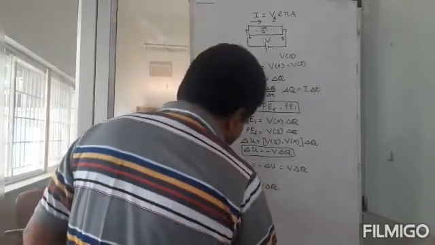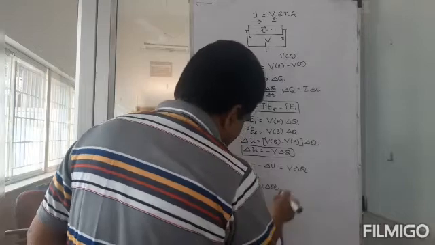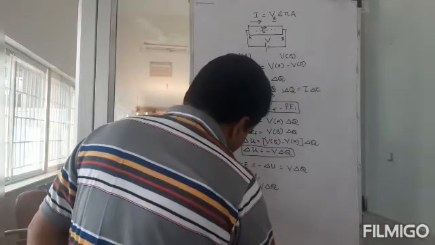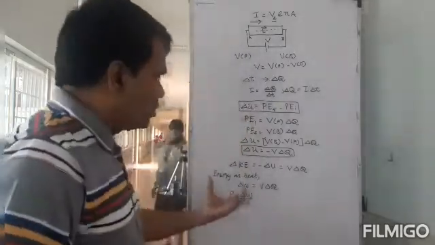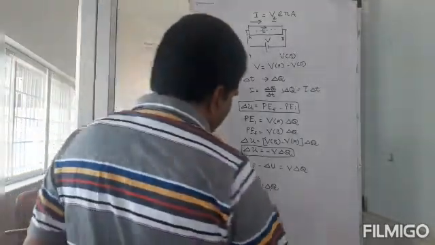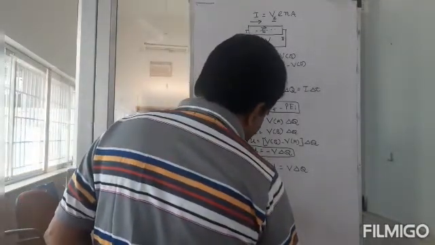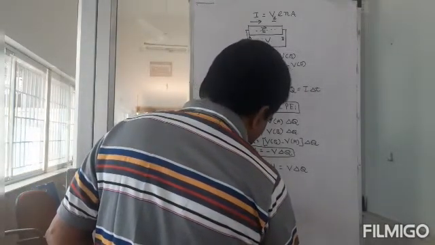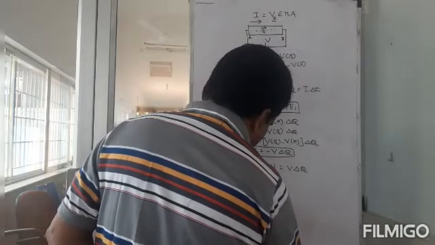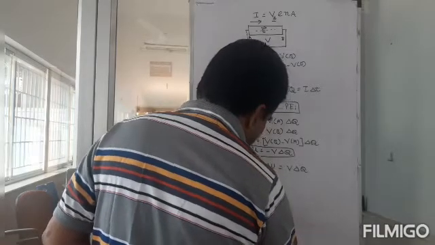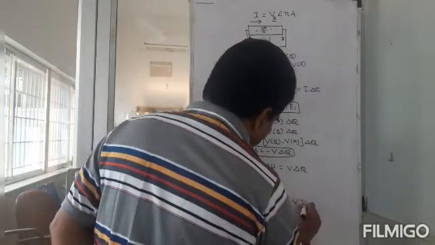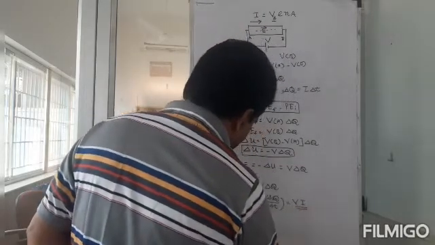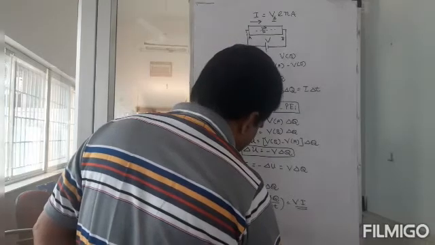Power is delta W by delta T, the rate of change of work. So you have V here, delta Q here, and delta T here at the same time. So that gives you V into I. So P is equal to V into I.